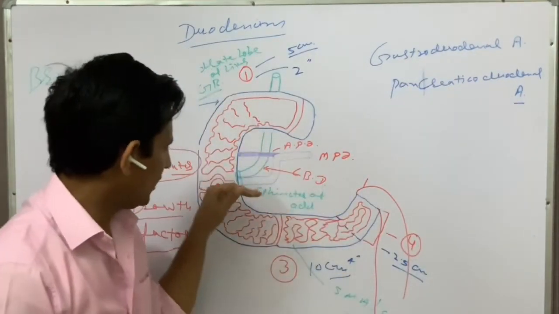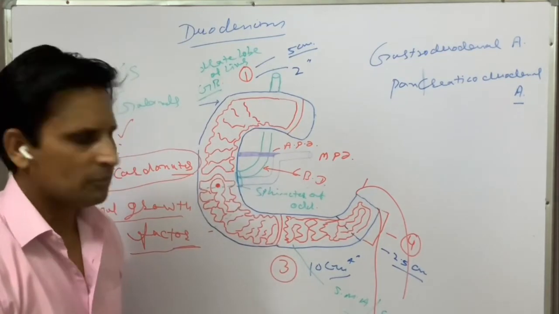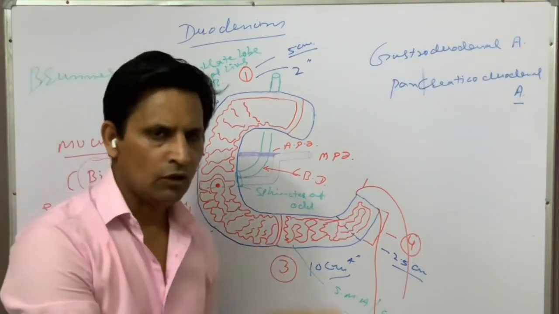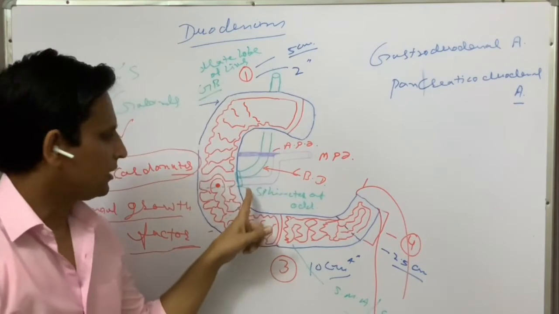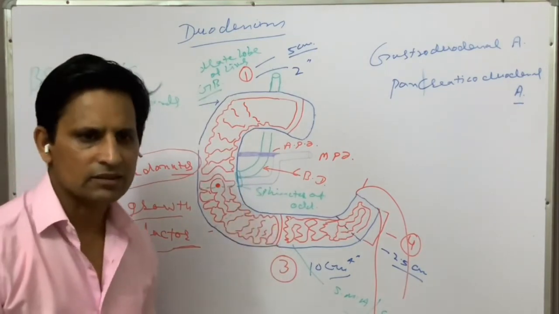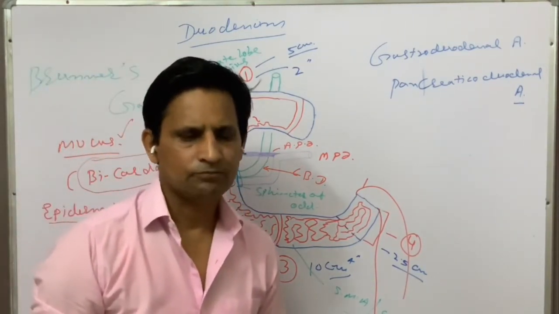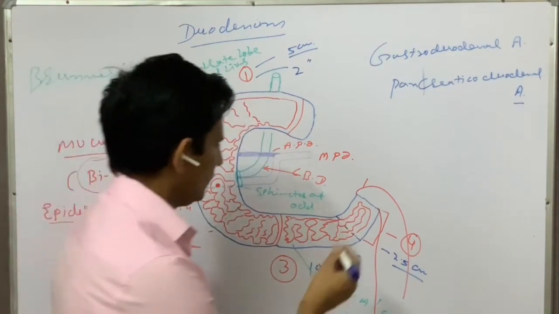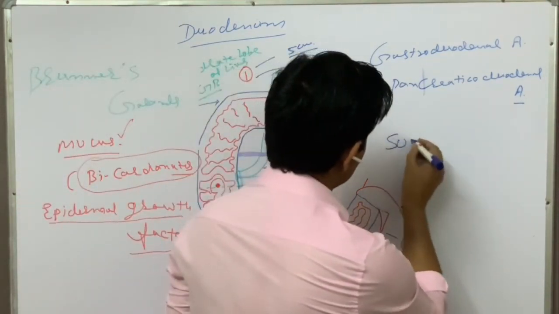And the lower segment, the part which is below the sphincter of Oddi, is supplied by the superior mesenteric artery.